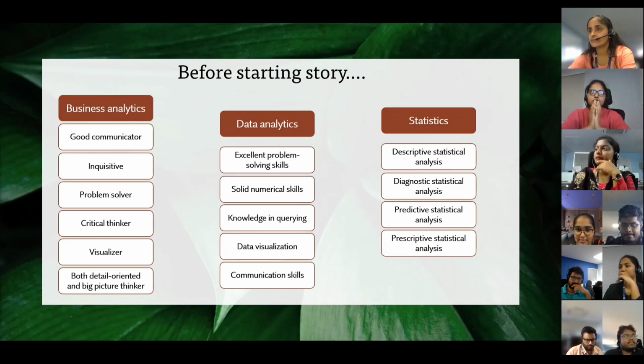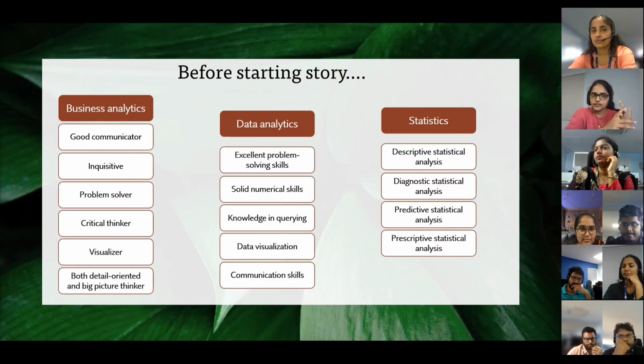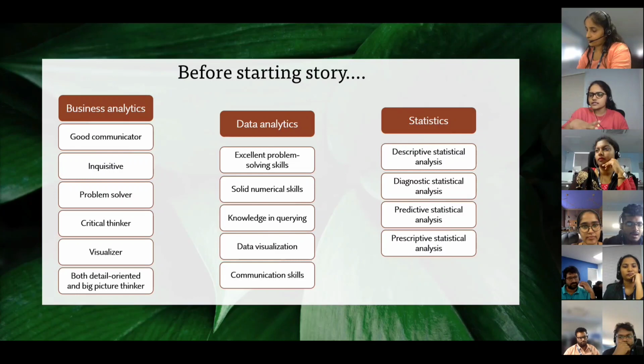You need to have knowledge in a few tools like Excel, which thousands of people are using for storing, analyzing, and visualizing their data. Querying could also mean SQL, or a programming language like Python. It will be helpful for your growth. And the next one, data visualization. We already discussed this in the business analytics point, and the communication skills also, we already discussed, right?